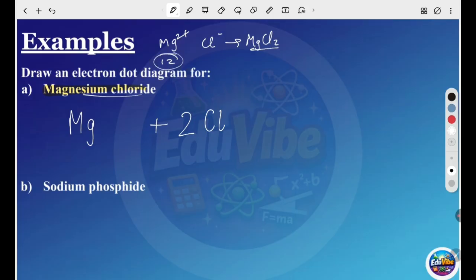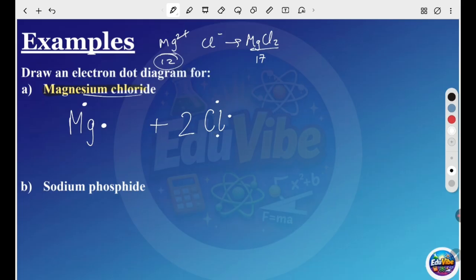So magnesium has 2 valence electrons, and I have to show them as dots like this. For Cl, Cl has 17 protons. So at the end, it is left with 7 valence electrons. So how can we draw those 7 on the Cl? We start from here.